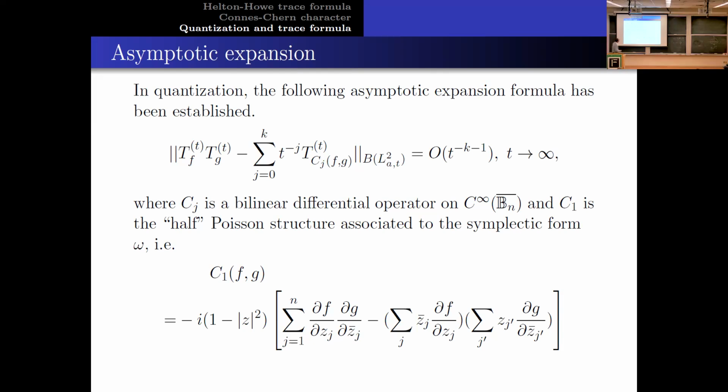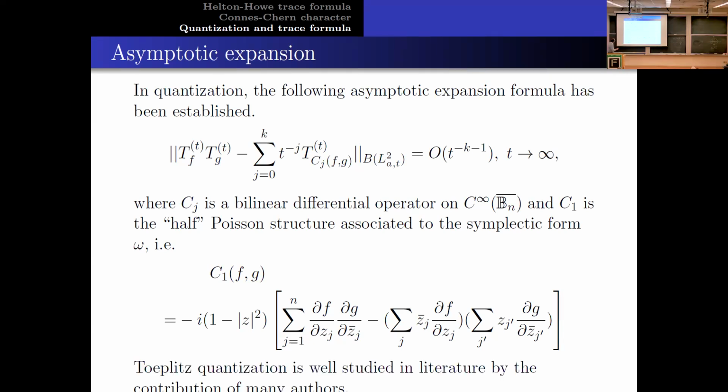Now you can see that we are studying the trace properties, so we need to enhance the study here to the trace norms. That's what we are discussing in the next couple of slides. Okay. So yeah, here I mentioned this is a well-studied subject in the literature in the name of Toeplitz quantization or Berezin-Toeplitz quantization, both in mathematics and also physics community.